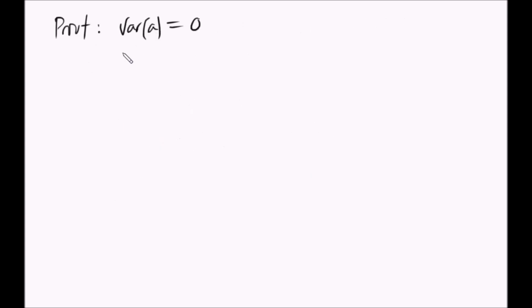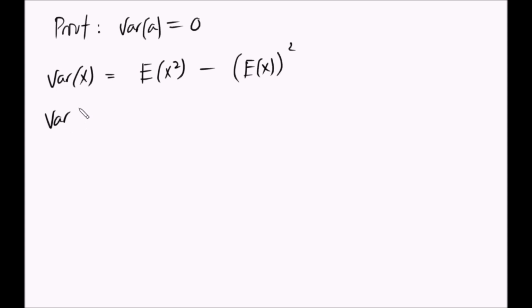So kwanza sema variance of a 0. Sisi tunajua kwamba variance of x ni sawa na expected mean ya x squared minus square ya expected mean ya x, ndio? So ukiwa na variance of a maana ni expected mean ya a squared minus expected mean ya a squared, si ndio?